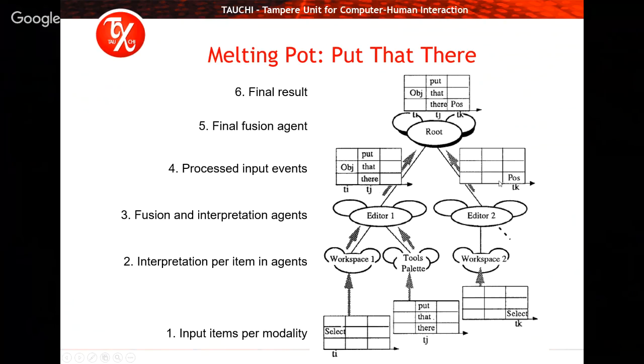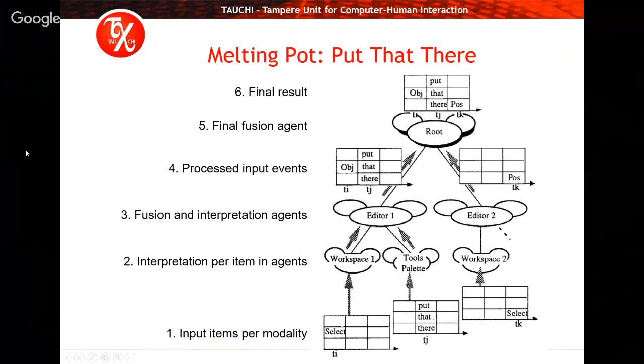I think the vertical in this grid indicates the temporal aspect. So this was pointed first, and this was pointed second, and then another agent combines this into the final form. So this object will be put there, and this is the temporal order.